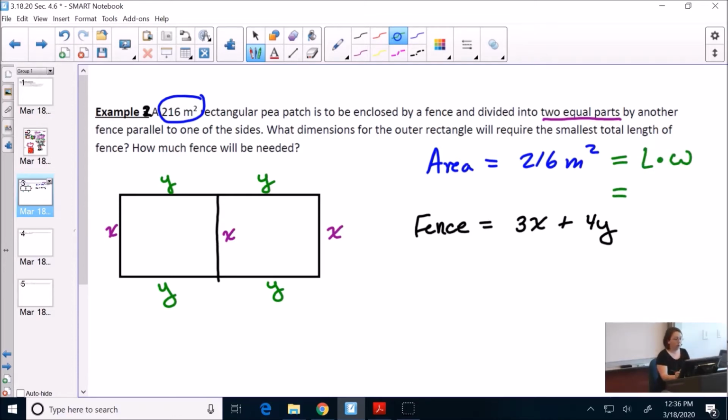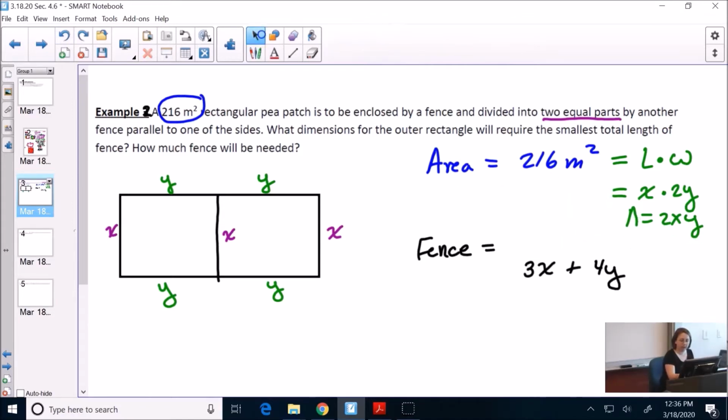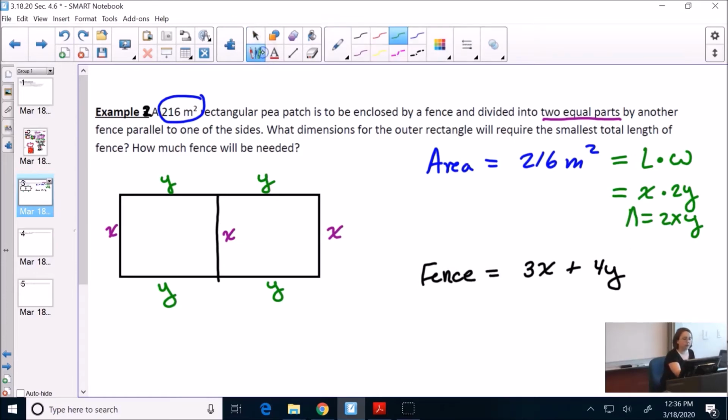Well, one dimension of our rectangle is X. The other dimension is Y, so 2Y. So X times 2Y. Or you can write 2XY if you want. Let's move down. Now it's not all squished in there. So my area is equal to 2XY.